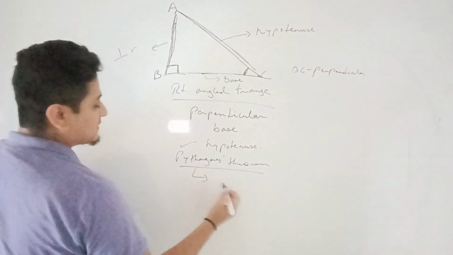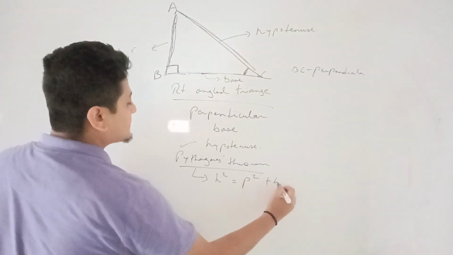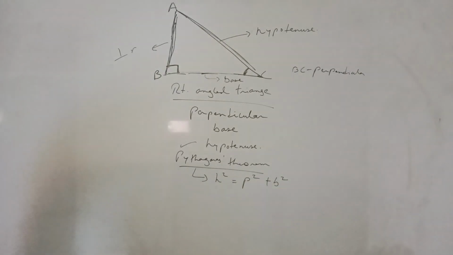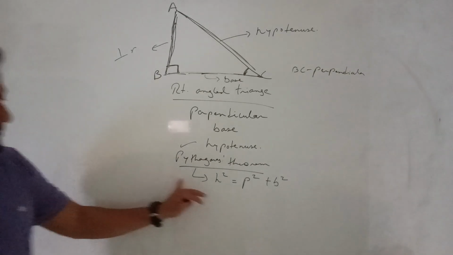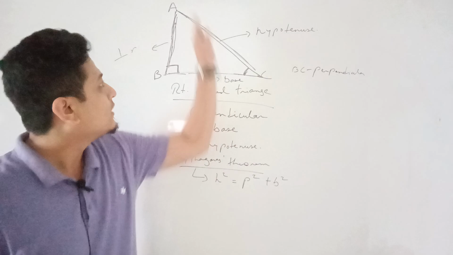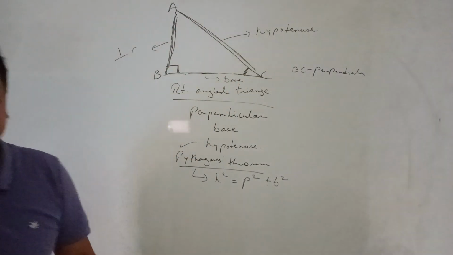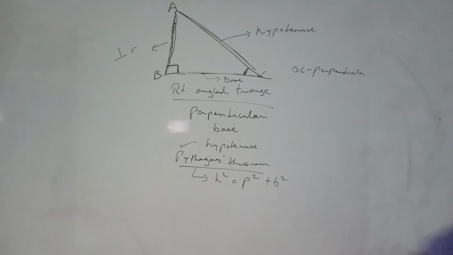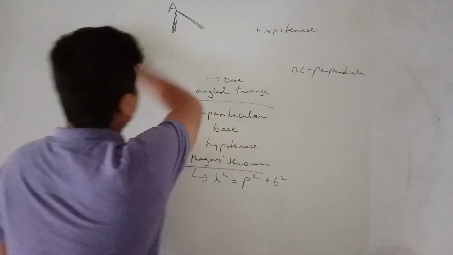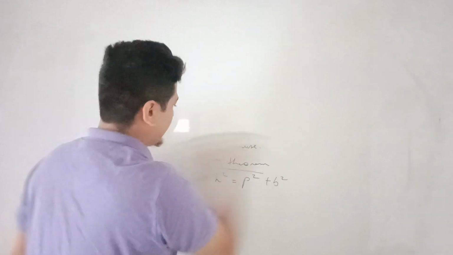According to this theorem, hypotenuse square is equal to perpendicular square plus base square. As of now we don't need this particular theorem, but we need to know about the hypotenuse, the base, and the perpendicular. Clear? So now we'll see what the sine, cos, tan and cosec of a particular angle are.